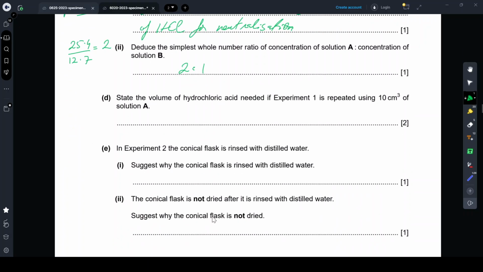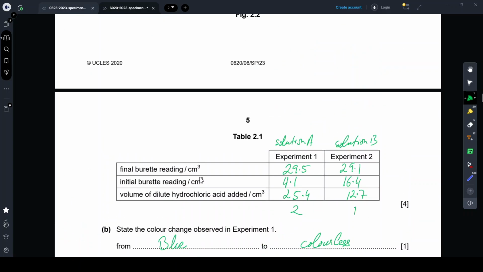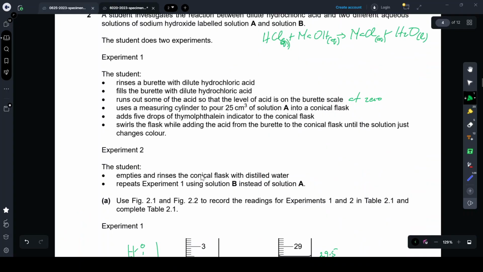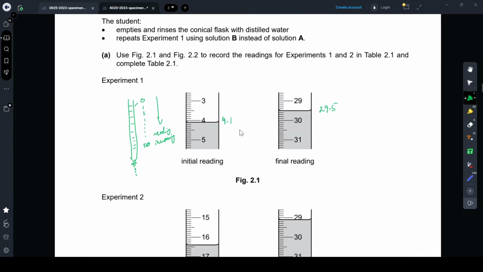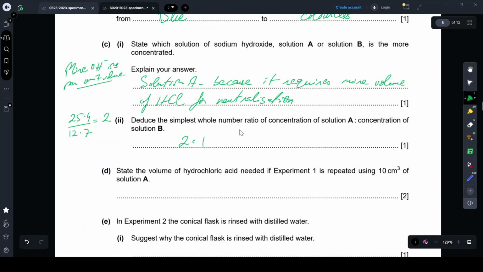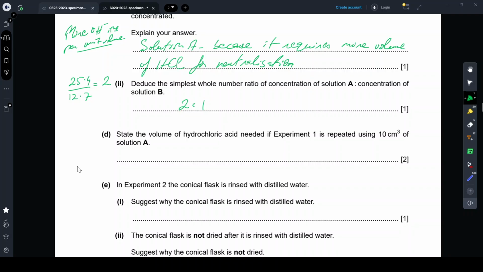State the volume of hydrochloric acid needed if experiment 1 is repeated using 10 centimeter cube of solution. We will multiply 25.4 by 10 and divide it by 25. So what did you use initially? You used 25 centimeter cube. So what are you doing over here? Volume of acid.